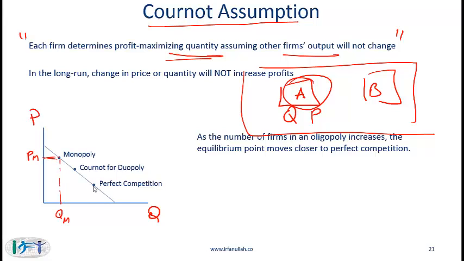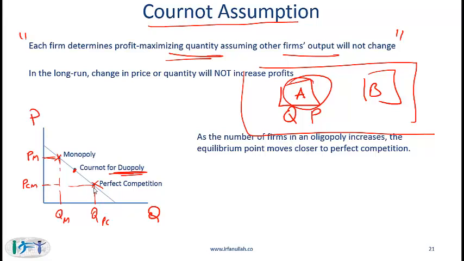With perfect competition, or a market which is characterized by perfect competition, the price will be the lowest and the quantity under perfect competition will be the maximum. With the Cournot assumption, with a duopoly, the price and quantity would lie somewhere in between the monopoly equilibrium and the perfect competition equilibrium point.